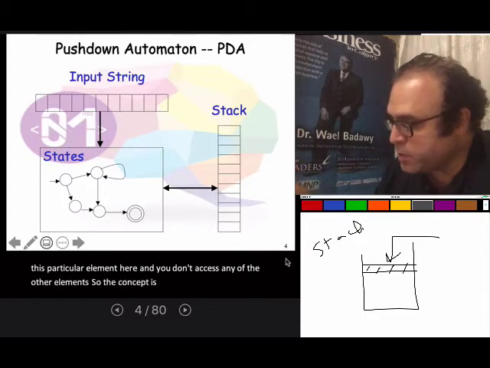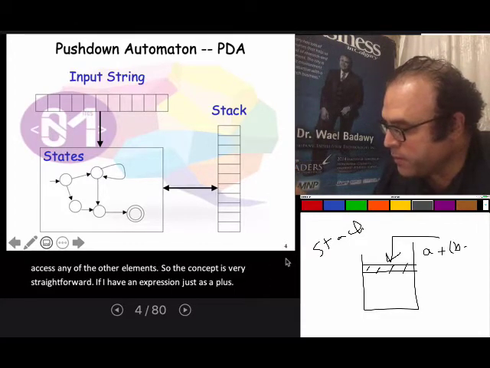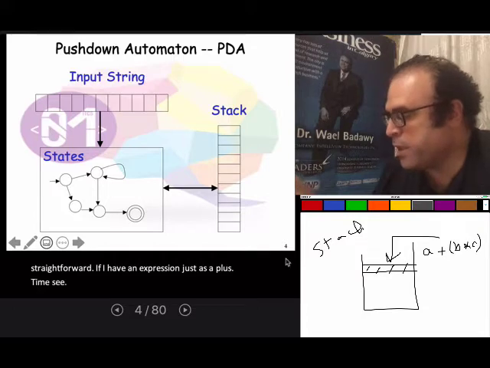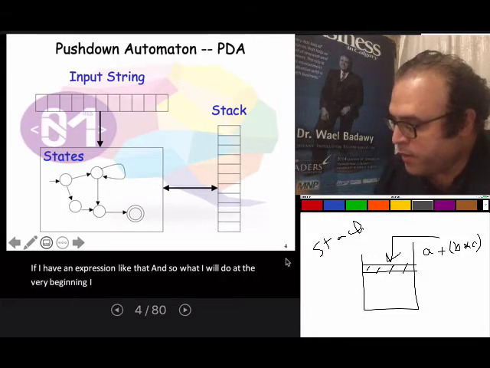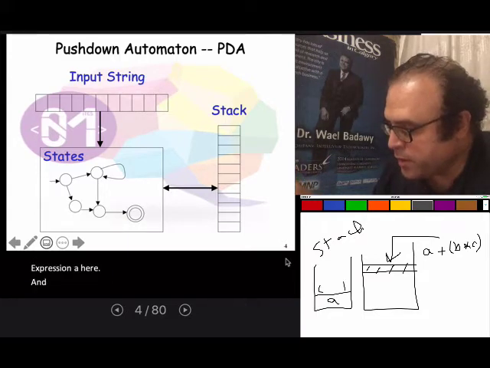If I have an expression such as a plus b times c, at the very beginning I will have expression a here, and then I will have the expression b times c.